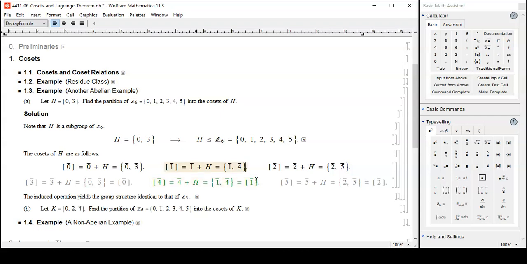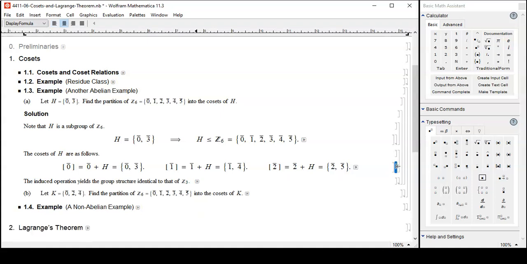So same as 1 plus H. And then 5 plus H, well, same as above actually. 5 plus 0 is 5. And then 5 plus 3 is 8, but that's the same as 2 modulo 6. So yes, those are duplicates. We have only three.